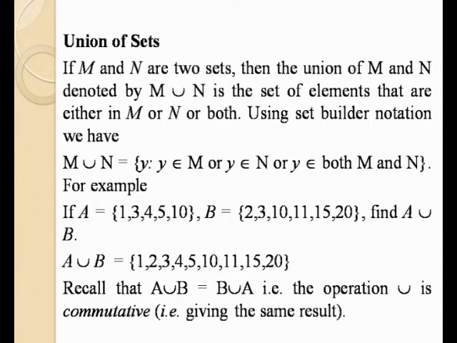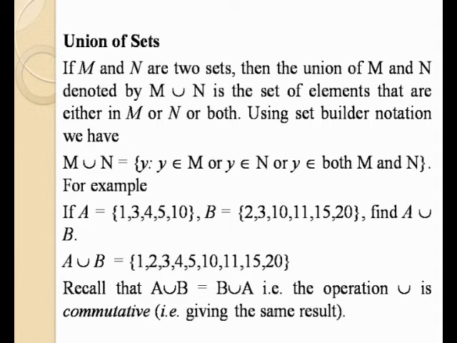For example, if set A is equal to 1, 3, 4, 5, and 10, and our set B is equal to 2, 3, 10, 11, 15, and 20. Mind you, 3 is repeating itself. Now, find A union B. A union B is equal to 1, we have 1 in set A, and then 2, we have 2 in set B, 3.